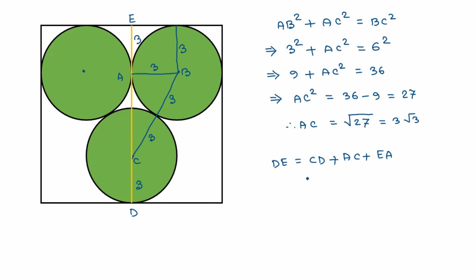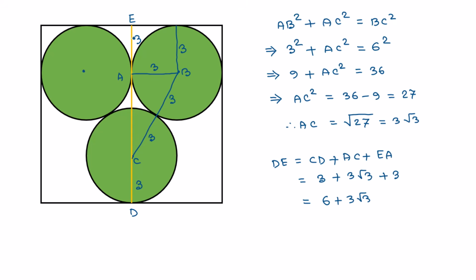We have these three lengths. So CD is 3 units, plus AC, we have found AC is equal to 3 times square root of 3, plus EA, which is 3. 3 plus 3 is 6. So 6 plus 3 times square root of 3.